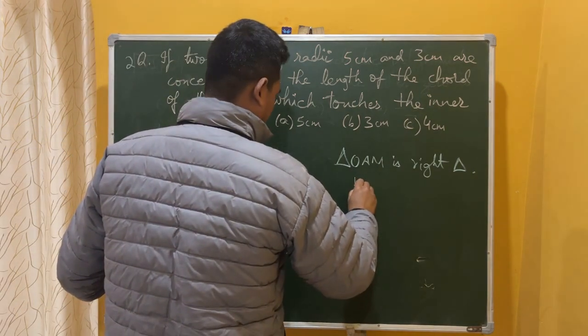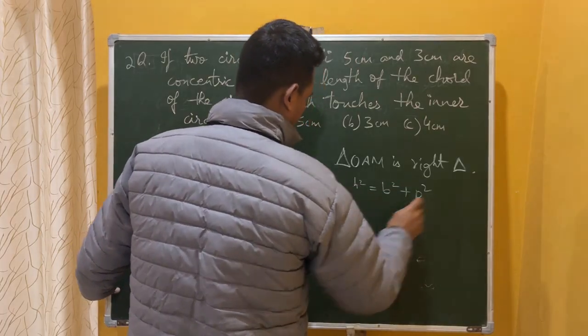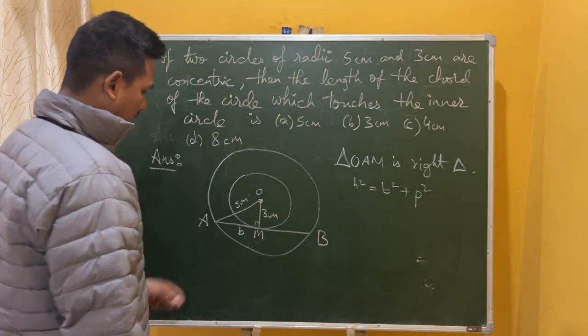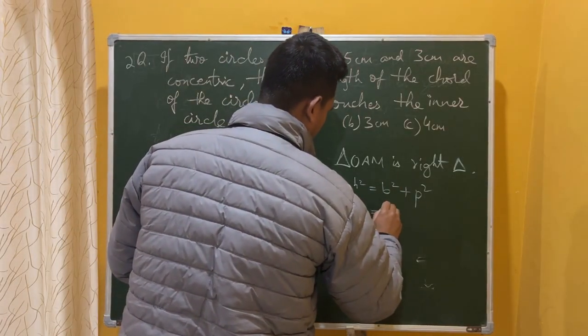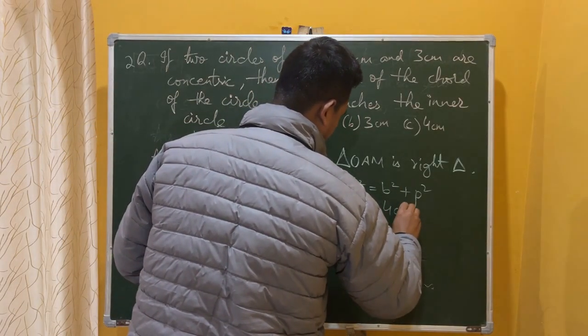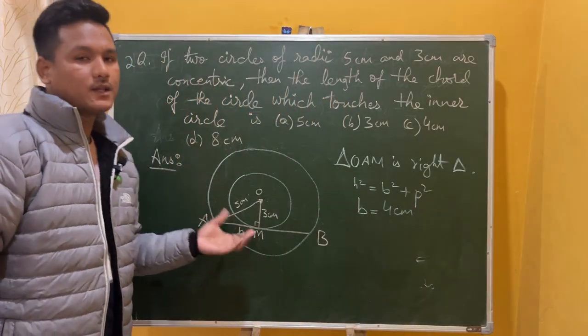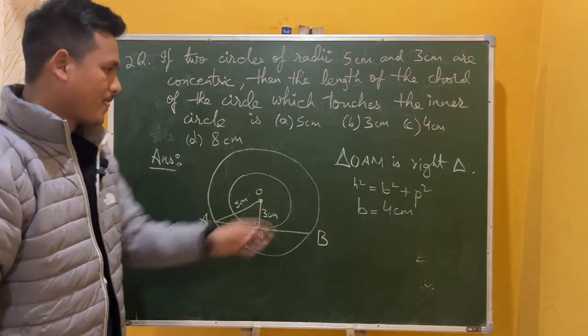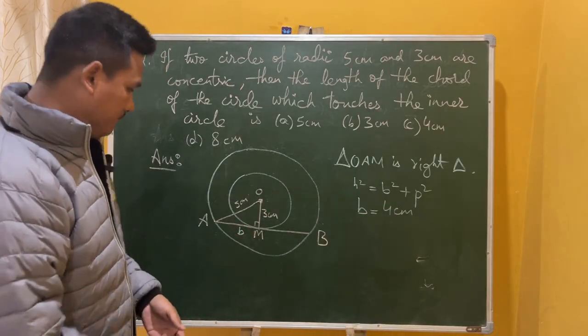Hypotenuse squared equals base squared plus perpendicular squared. If you use the formula, I'm directly writing that your base should come 4 centimeter, because 5, 3 and 4 make a Pythagorean triplet. You may put the values and calculate and it's going to come 4.